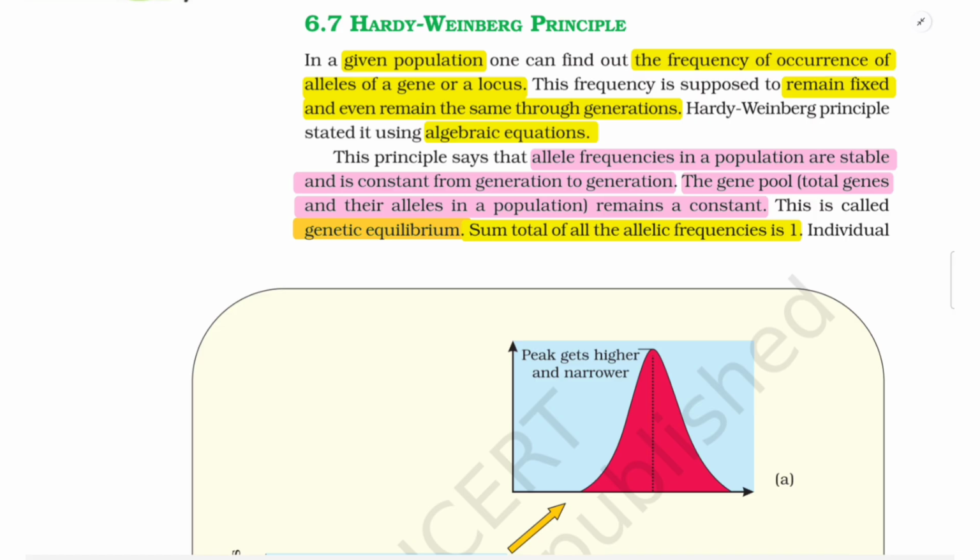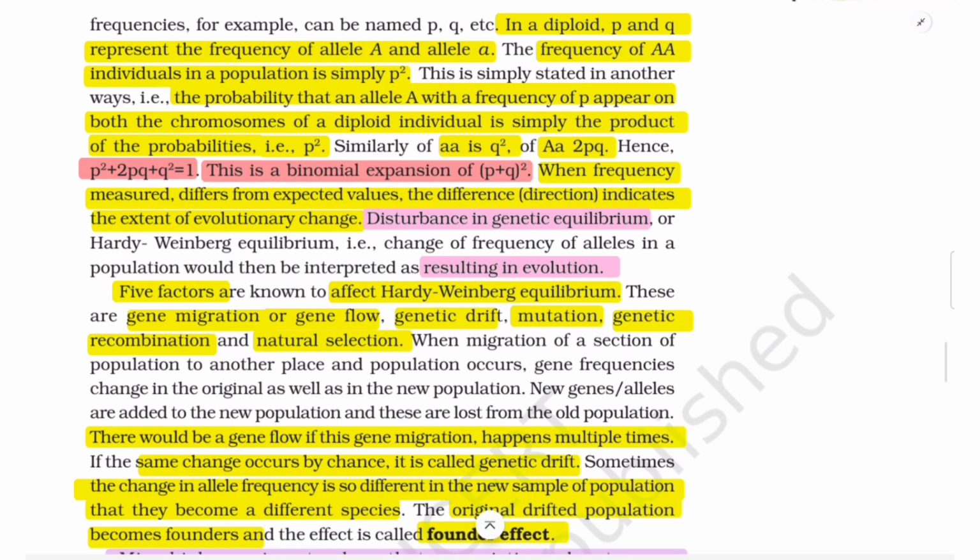The sum total of all the allelic frequencies is 1. Individual frequencies, for example, can be named p, q, etc. In a diploid, p and q represent the frequency of allele capital A and allele small a. The frequency of AA individuals in a population is simply p square.